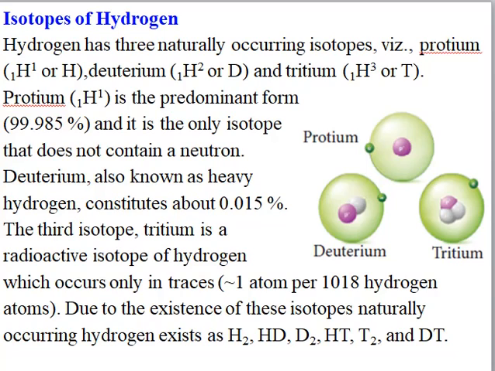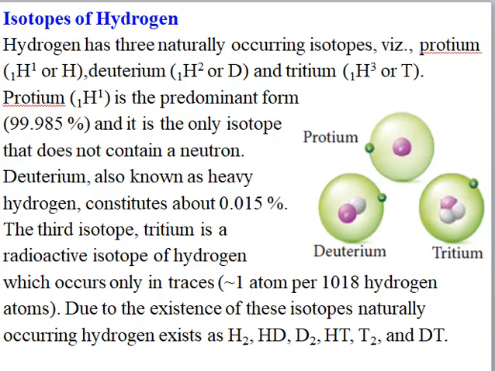Out of 10^18 atoms of hydrogen, only one atom will be tritium. Due to the existence of these isotopes, naturally occurring hydrogen exists as the hydrogen molecule, hydrogen with deuterium, the deuterium molecule, hydrogen with tritium, the tritium molecule, and deuterium with tritium.